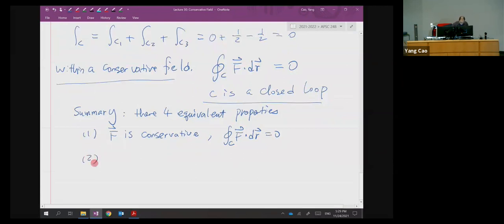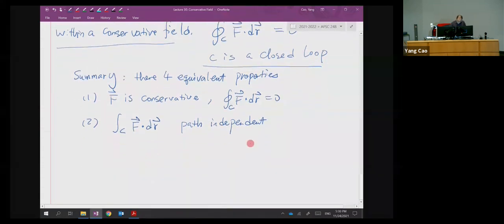And number 2, now if the C is not a closed curve, so look at the integral here, there's no circle indicating a closed curve C, then you have this so-called path independence.